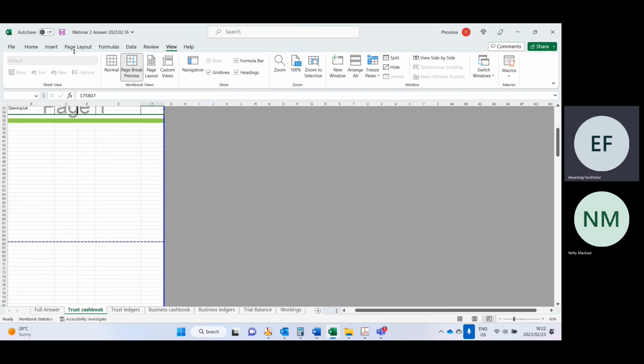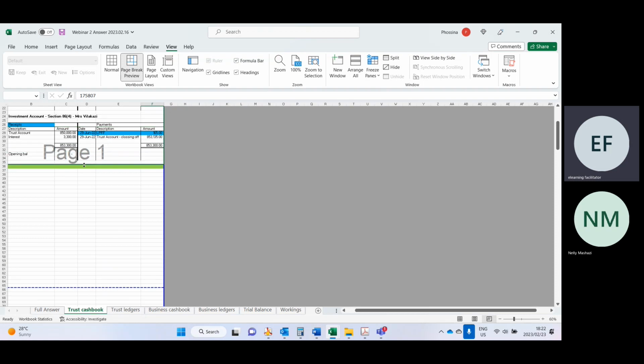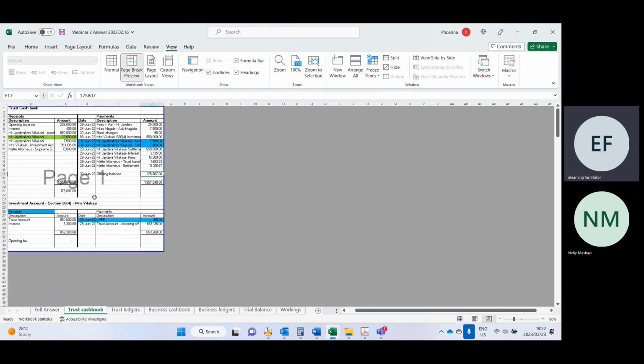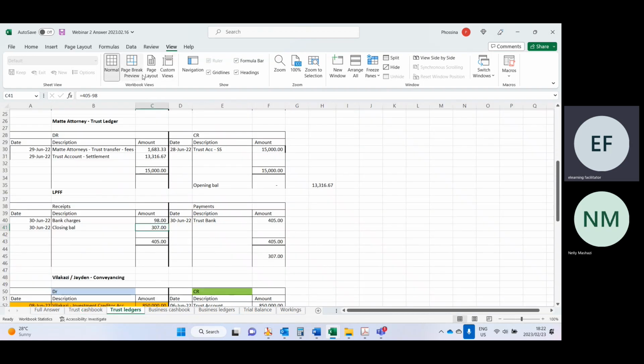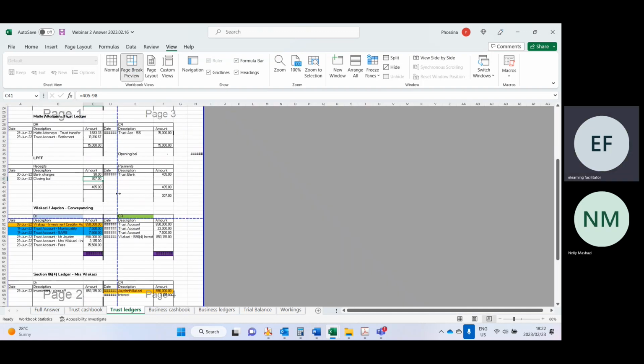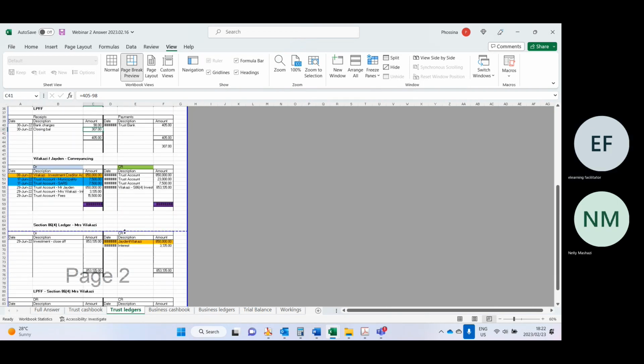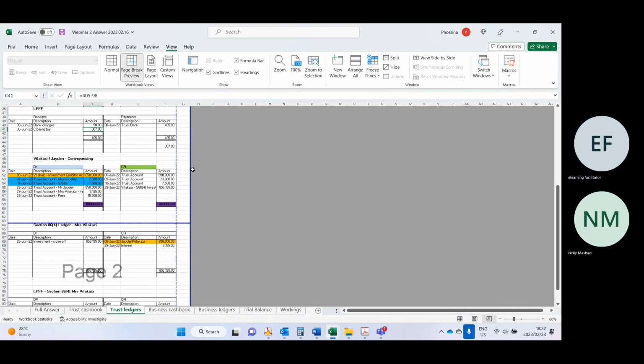So our trust cash book goes up to there. You see, our trust cash books and everything goes up to there. Then you do the same with page break preview and adjust. And then make sure that your figures are visible.